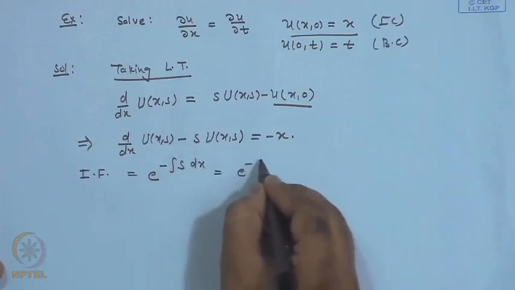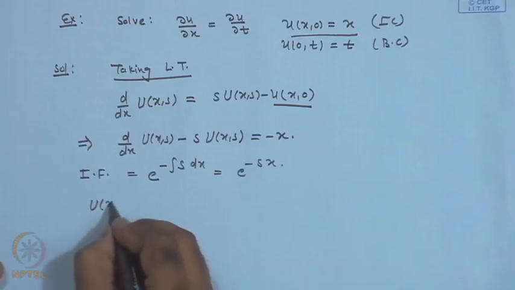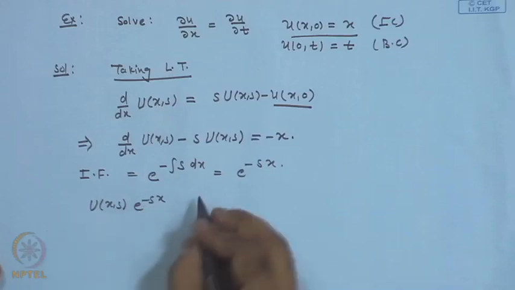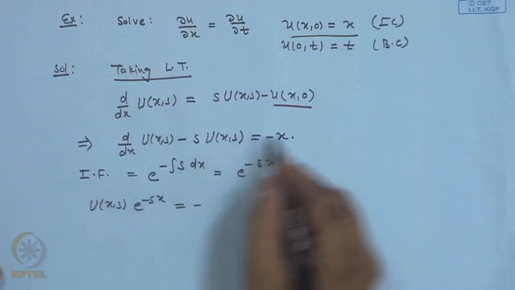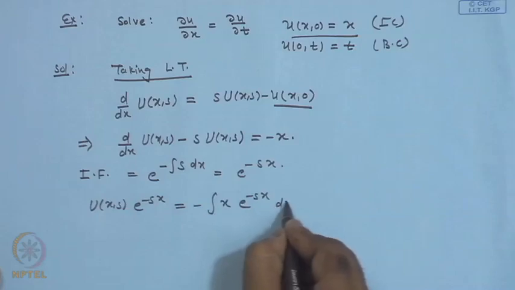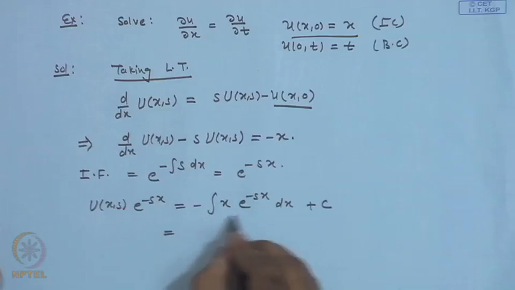So the integrating factor is e^(-sx), and therefore the solution would be U(x,s) e^(-sx) equals the integral of the right hand side, minus x times the integrating factor, plus a constant. We can apply the integration by parts technique.